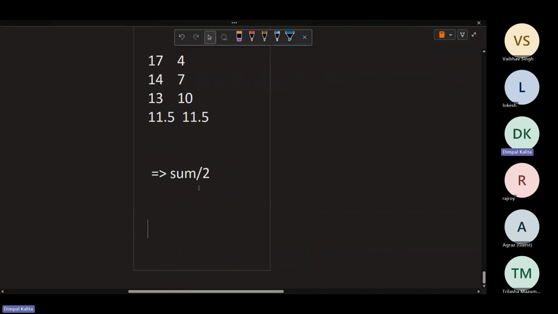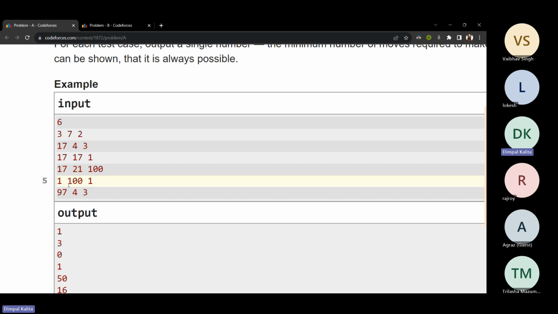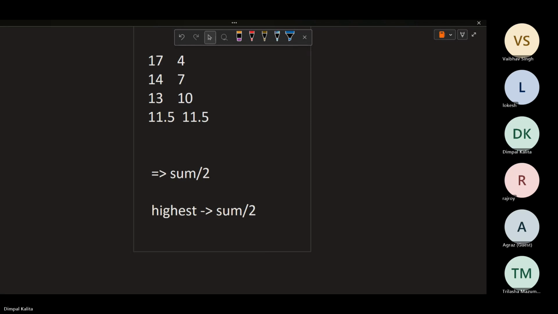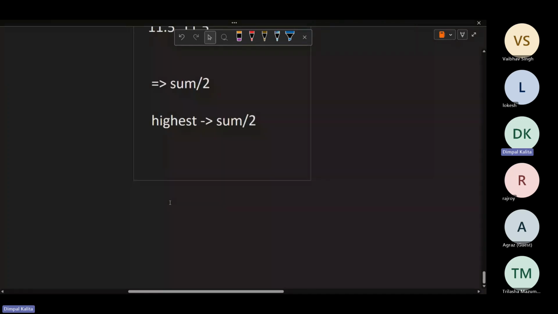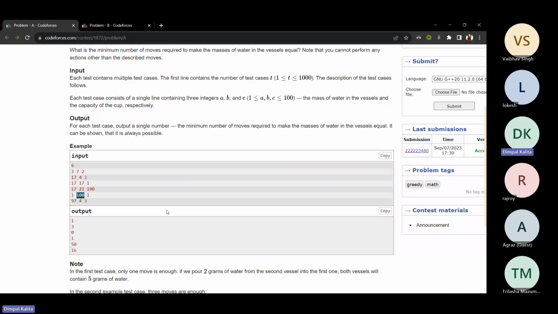So what we can do is check how many operations it takes to go from the vessel that contains the maximum amount of water down to the average, that is, from the highest to sum divided by 2. It just drags down to a formula.